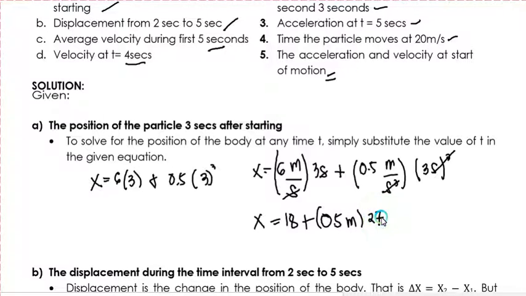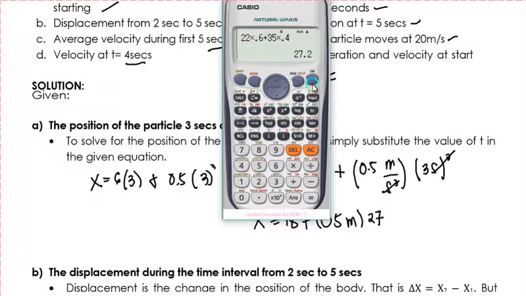Okay, so aton answer will be, so let us check. So we have 18 plus 0.5 times 27.